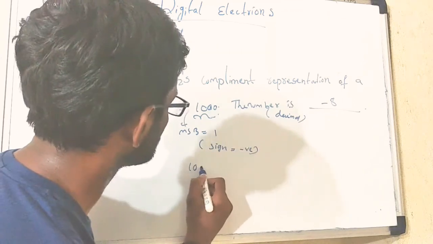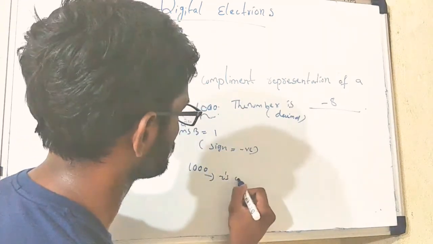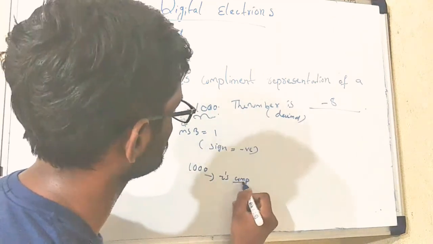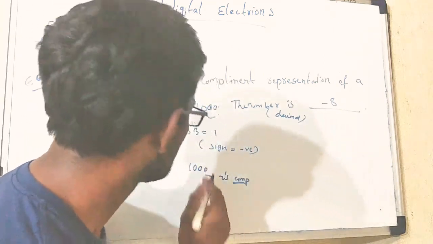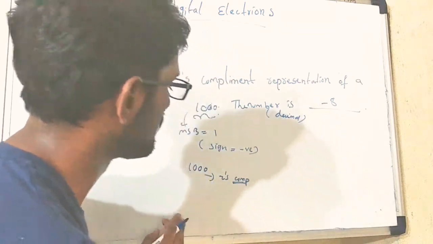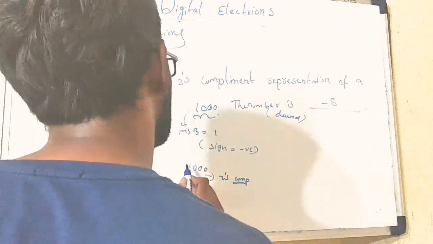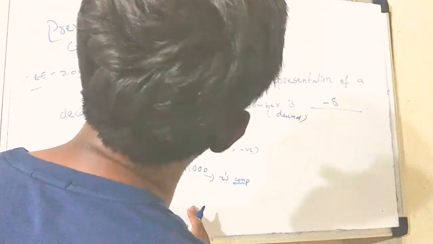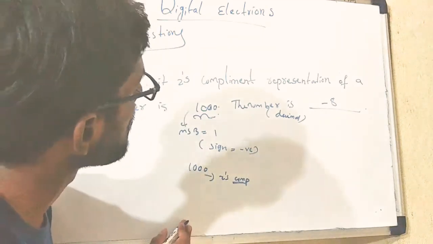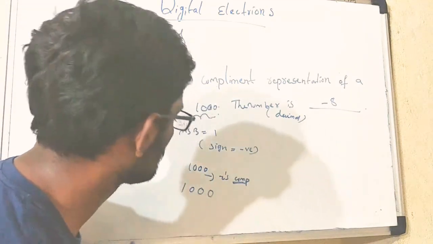Now for 1 0 0 0, just find the 2's complement. For 0 0 0 1, the 2's complement value is this, 0 0 0 1.